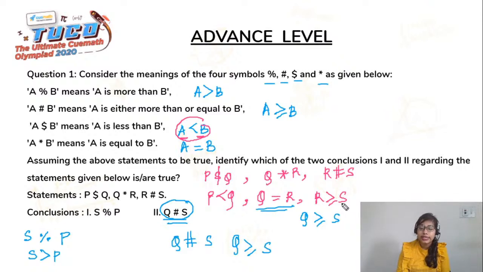And R is greater than or equal to S. So one thing is very sure, that if Q is also greater than or equal to S, we are very sure that Q is going to be the largest, because Q is greater than P as well, Q is greater than S as well, correct? So Q is going to be the largest. But is there any way we could compare the value of S and P, whether P is going to be greater or S is going to be greater? No, it's not possible. Hence, we cannot say that S is greater than P.